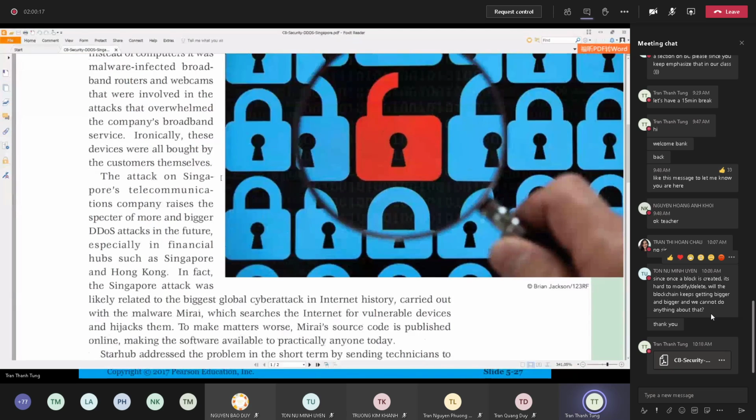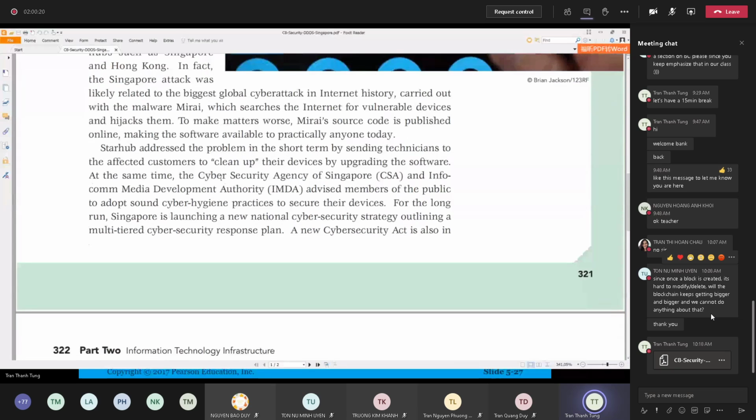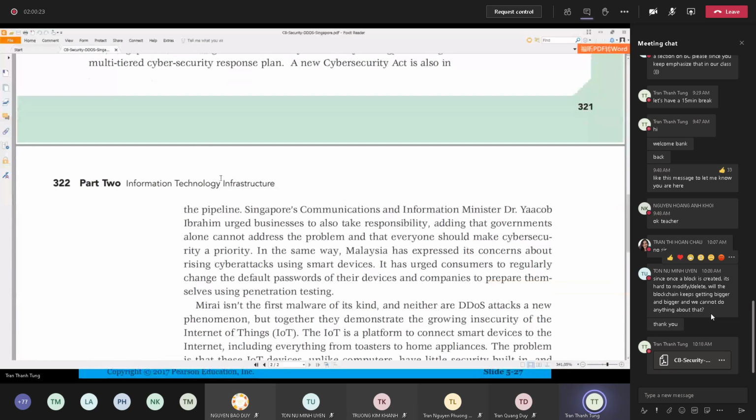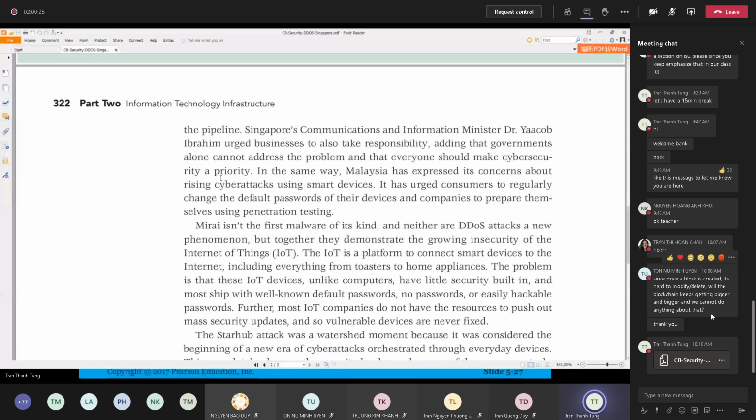But the key thing is that when they tried to analyze how the hacker could attack the system, what they found is that the security problem actually comes from IoT, or Internet of Things, devices. That is your smart camera, your smart speaker, your smart TV.